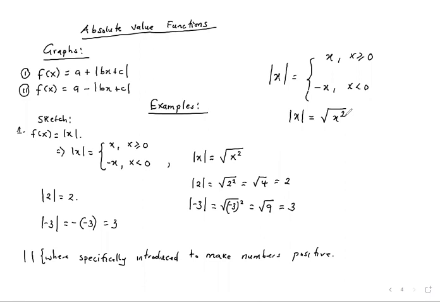For example, if we are given 2 in the modulus, because it's already positive, there's no need of modulus. But if it was negative 3 and we don't want to use the modulus, we want to use another definition, suppose we use this one here.